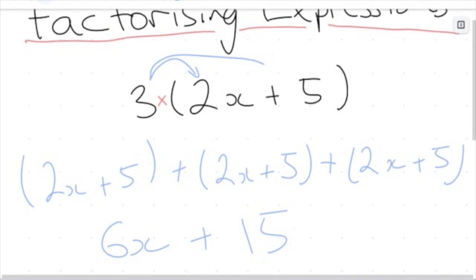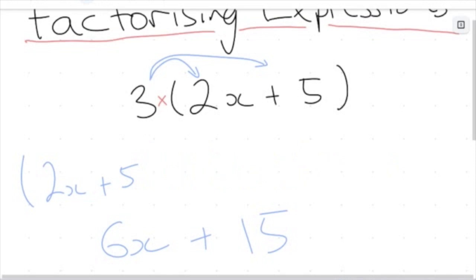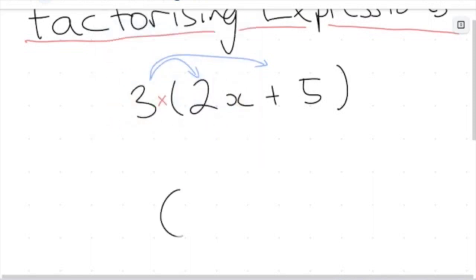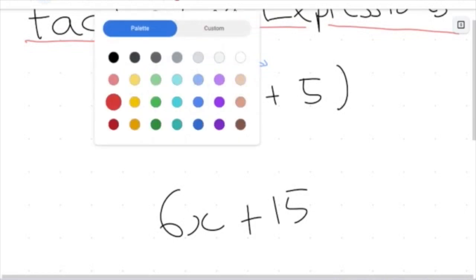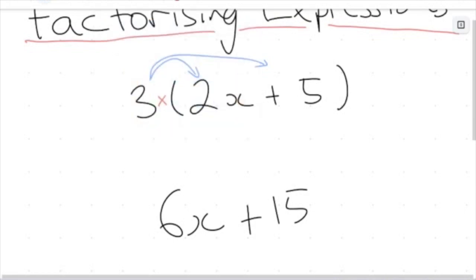So to understand factorization, I want to write this thing. Let's write 6x plus 15 down here. So we have 6x plus 15. And to get from here down to here, this was the idea of expanding.